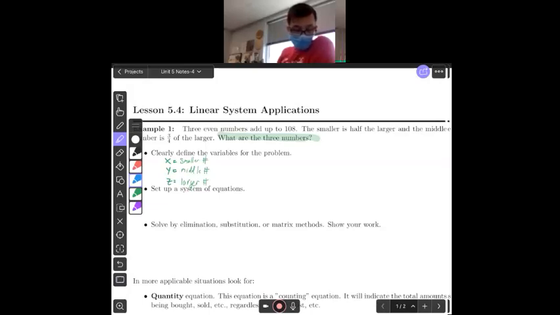X plus Y plus Z equals 108. Right, they add up to 108, right? Taking that sentence and turning it into an equation. All right, one down, two to go.